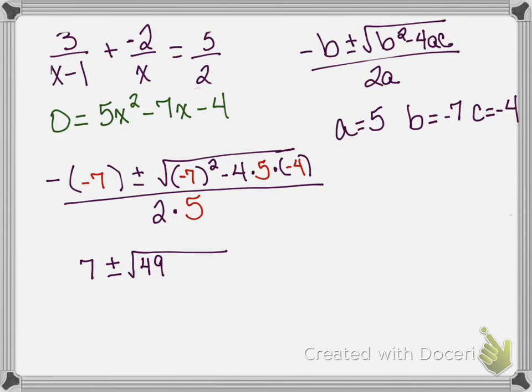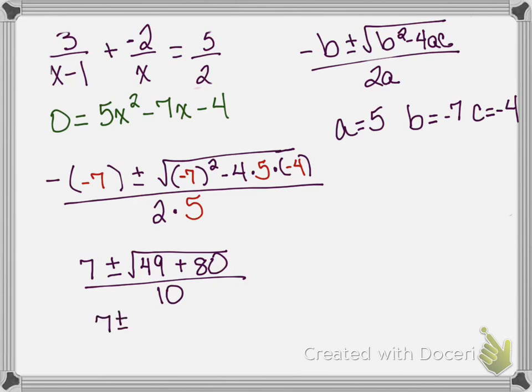Negative 4 times positive 5 is negative 80. I'm sorry, it's negative 20. Negative 20 times negative 4 is positive what? 80. So negative 4 times positive 5 times negative 4 is 80. And then in the bottom, I have 10.